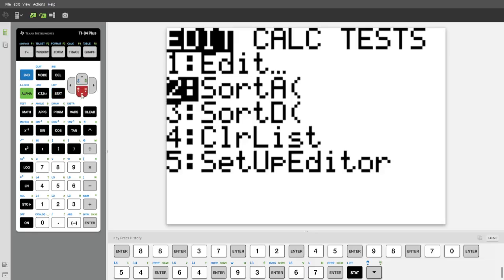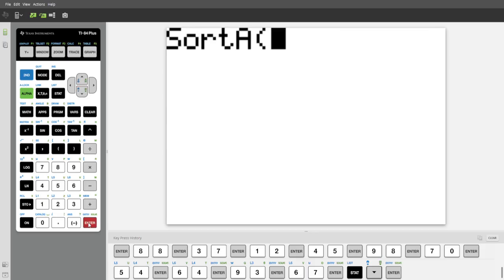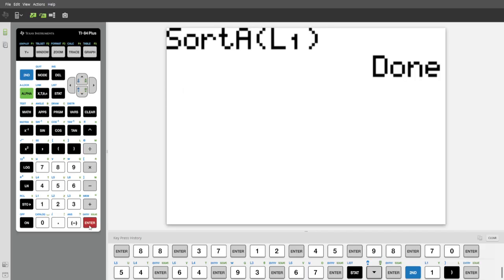That means sort ascending, from smallest to largest. Push Enter. Push second and 1 so that L1 appears. That means list 1. Close your parentheses and push Enter. And you see where it says Done because they're sorted.